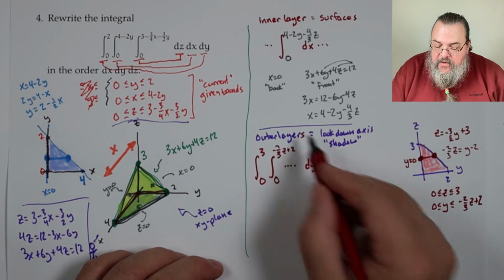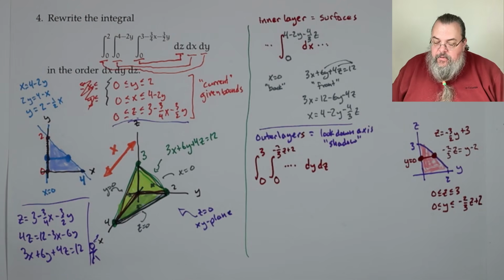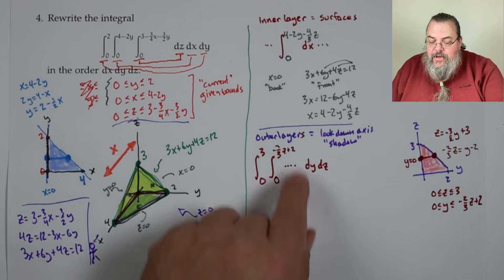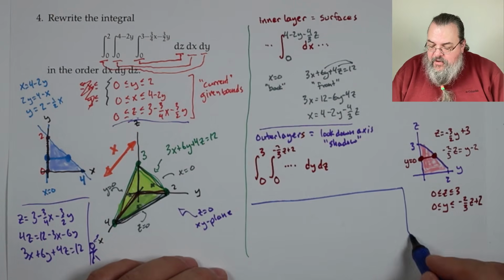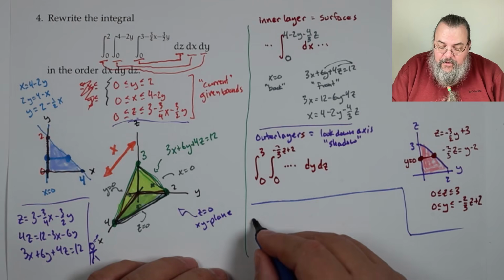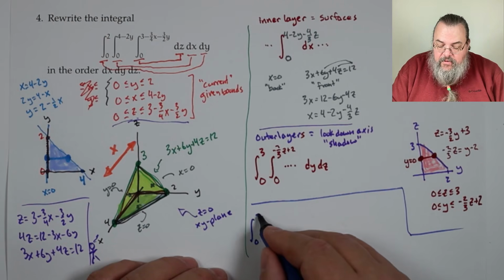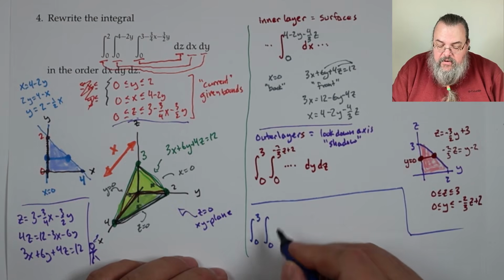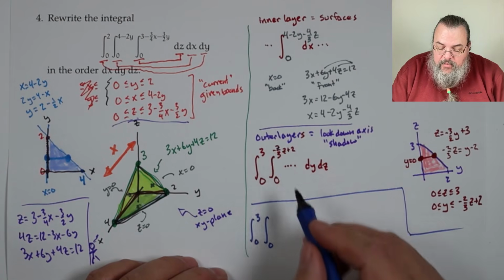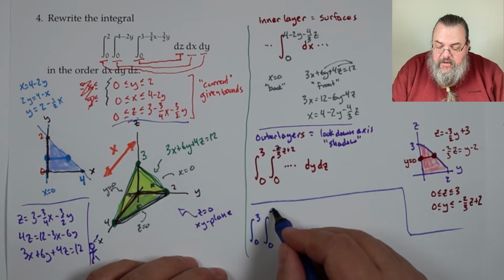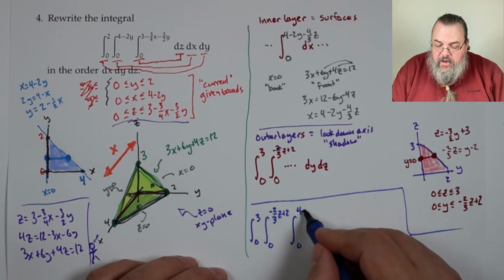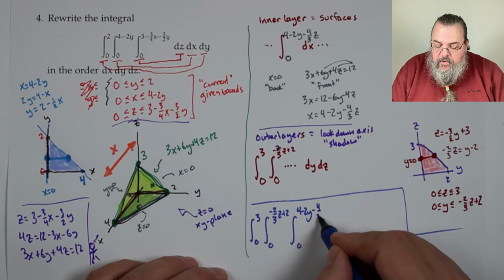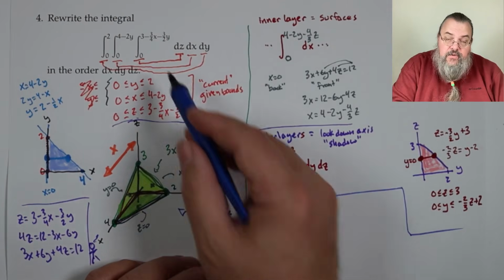And I should have said outer layers, not outer layer. We've got the outer layers, we've got the inner layer. What do we do? Well, we just put them all together, and life is good. So we start with the outer layers, 0 to 3, 0 to minus 2/3 z plus 2, integral 0 to 4 minus 2y minus 4/3 z, and the function is just 1.